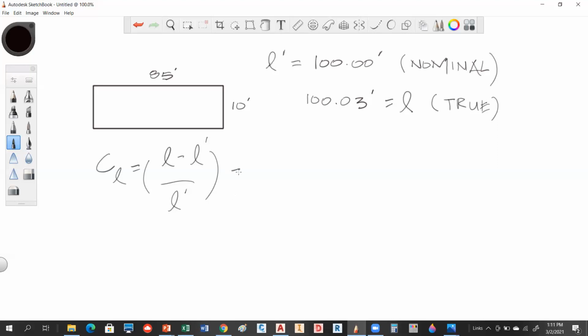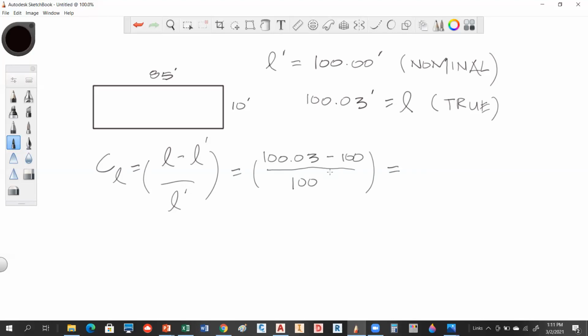So what we're going to have here when we plug numbers in is 100.03 feet minus 100 nominal feet divided by 100. So this gives me the amount of change per foot. So this is going to be feet per foot. Okay, feet on the top, feet on the bottom.